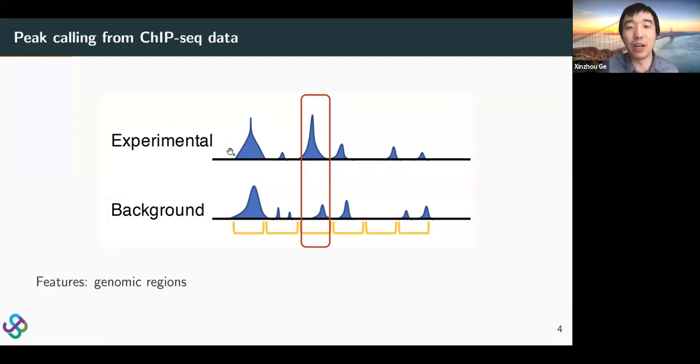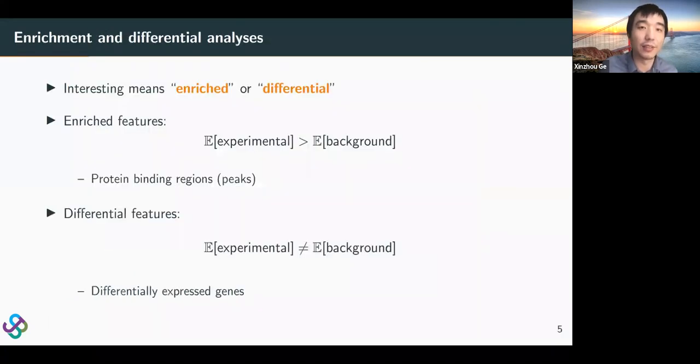We have different ways to do this. Before introducing how we identify interesting features, we can first categorize the two kinds of interesting features as enriched or differential. An enriched feature means that the experimental condition has larger values than the background condition.